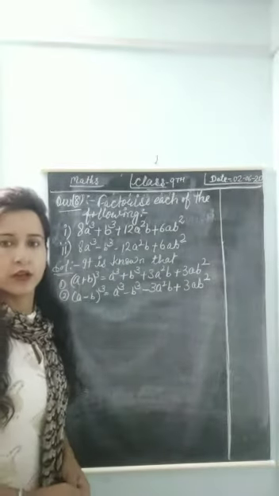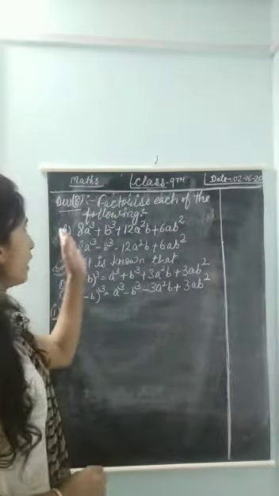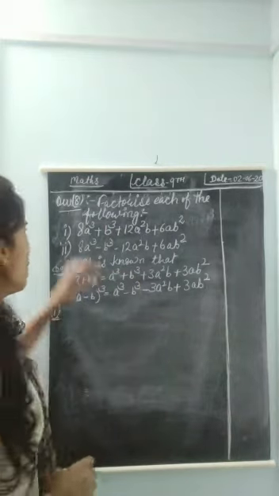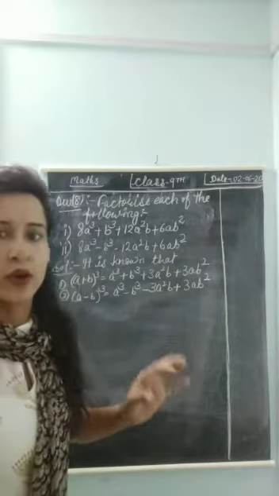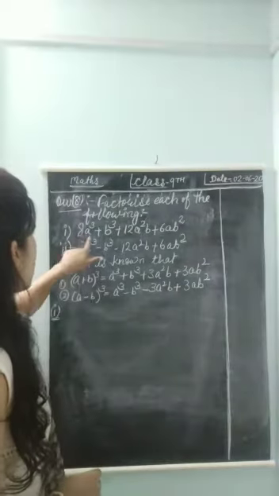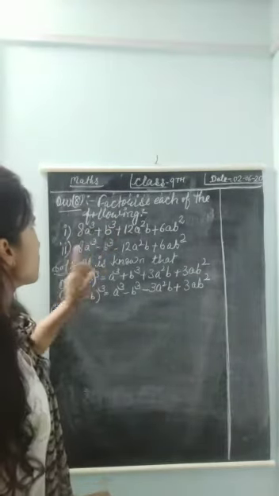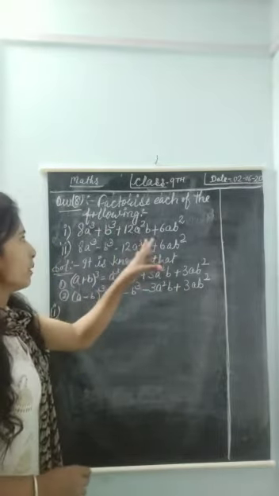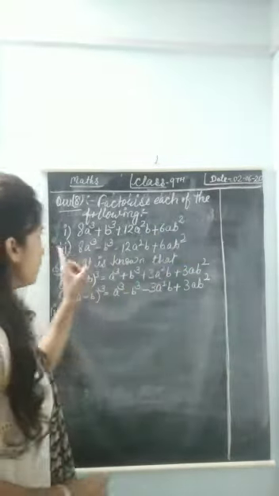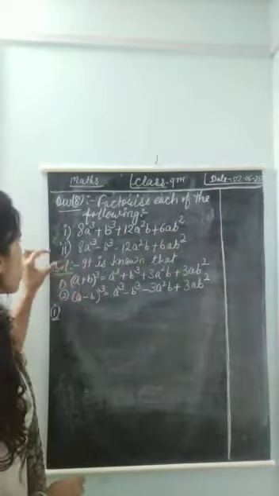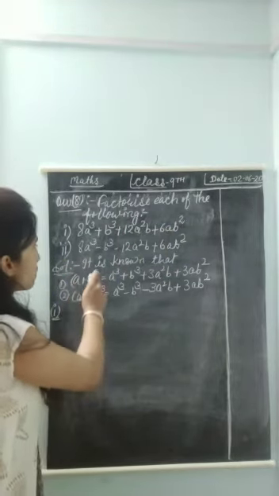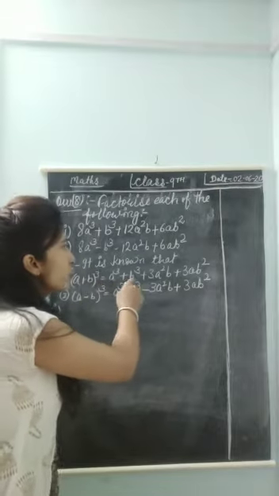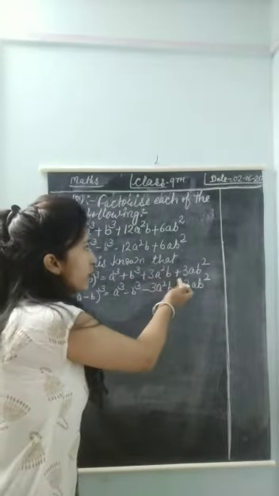Now move to the next question, question number 8. Factorize each of the following. I'm going to discuss only two parts and the remaining parts you have to try. First part is 8a cube plus b cube plus 12a square b plus 6ab square, and the second part is this one. You have to start like this. It is known that (a plus b) whole cube is equal to a cube plus b cube plus 3a square b plus 3ab square.